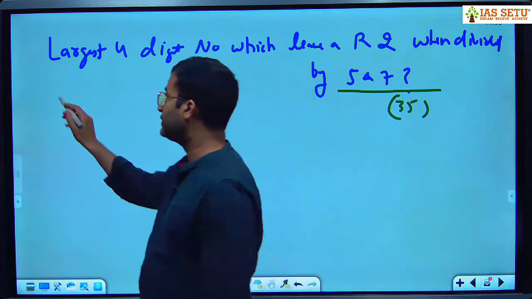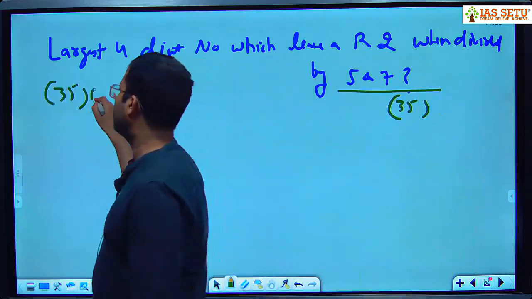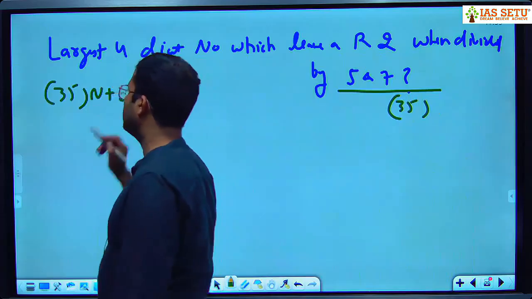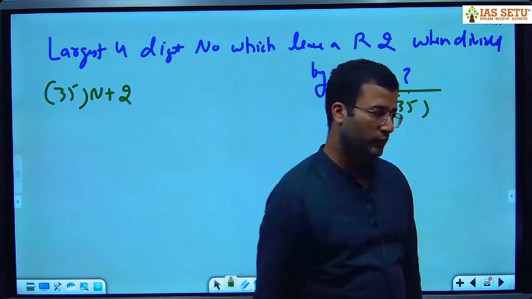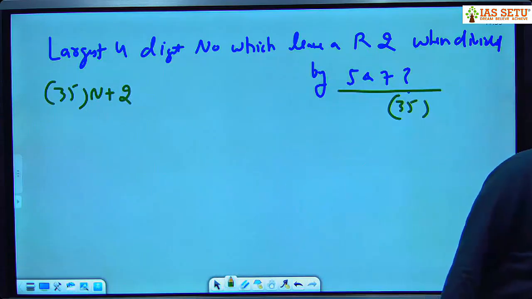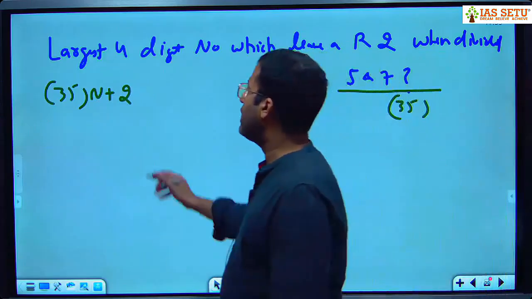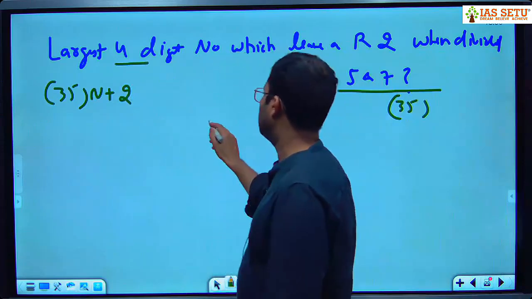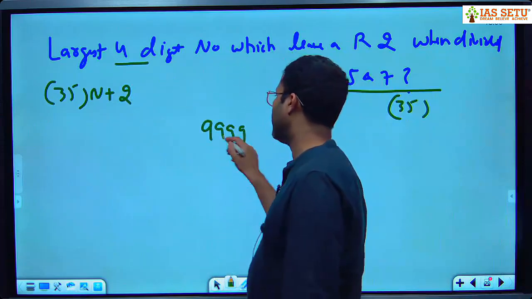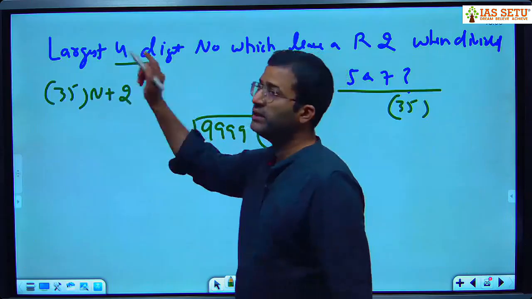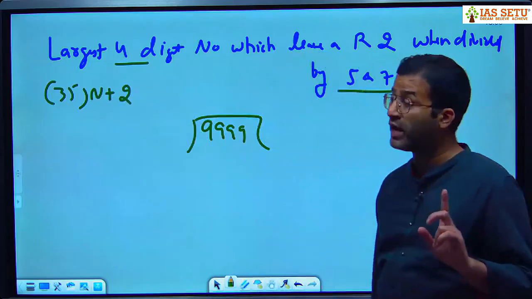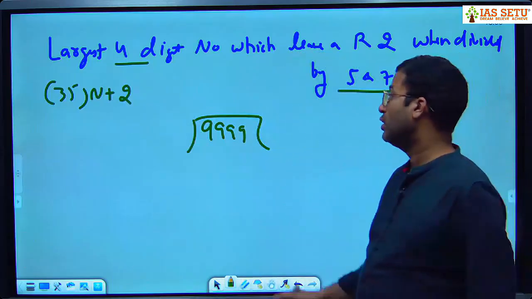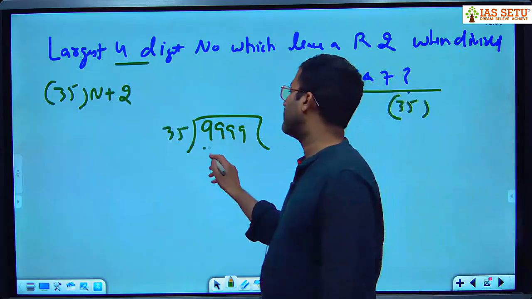So here the concept is multiple of 35 plus remainder, here 2. Now here, largest 4-digit number. We try double line. First you find multiple of 35. Remainder we handle in the last. So we find multiple of 35.